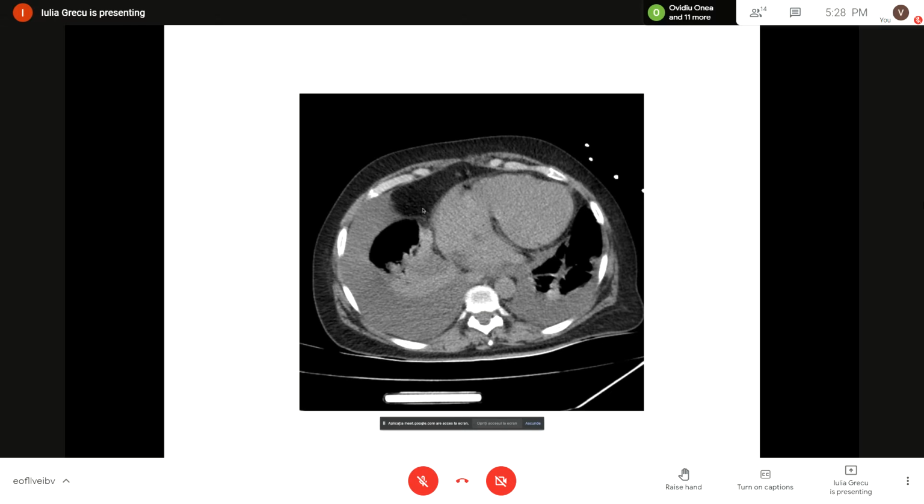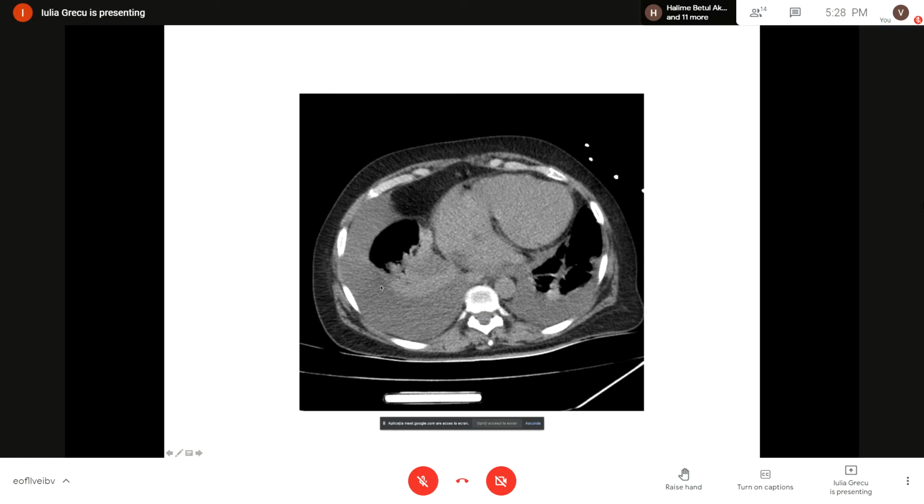What we can do extra from the X-ray is to analyze the content of the fluid, what kind of structure it has, what kind of density, which we can measure using the Hounsfield scale.